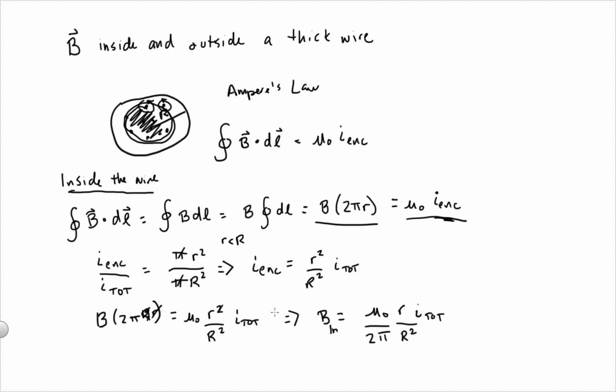Now let's see what we can get for our magnetic field outside of the wire. So in this case, little r now is going to be greater than the big R radius of the wire. And so this is the magnetic field dotted into a little piece of the loop. Here's our Ampere's law again. For the same reason that we discussed in the first part, this ends up being just B times dl, which is going to be B times 2 pi r.